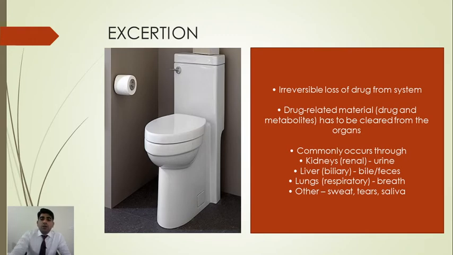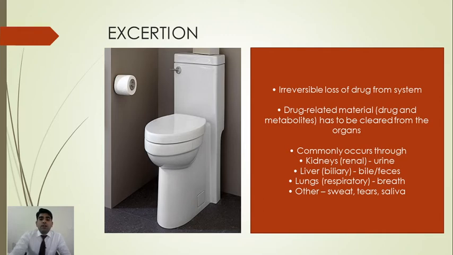So when we talk about drug-related material, or drug-related metabolites, different organs are responsible for the elimination of this particular drug. In this elimination, or excretion, there are many organs involved. Many of them are major.